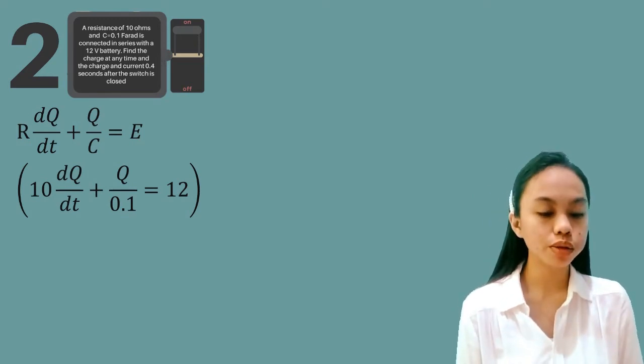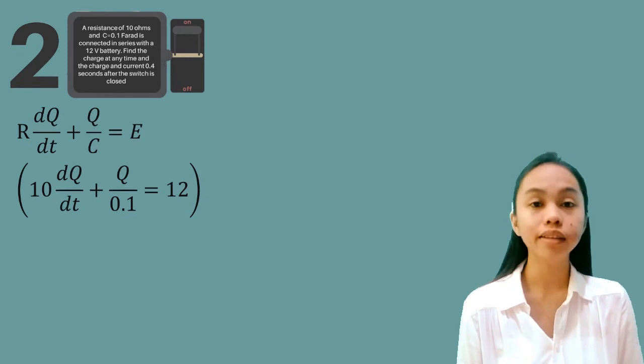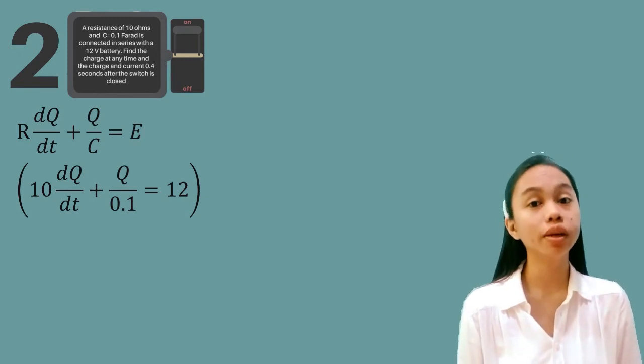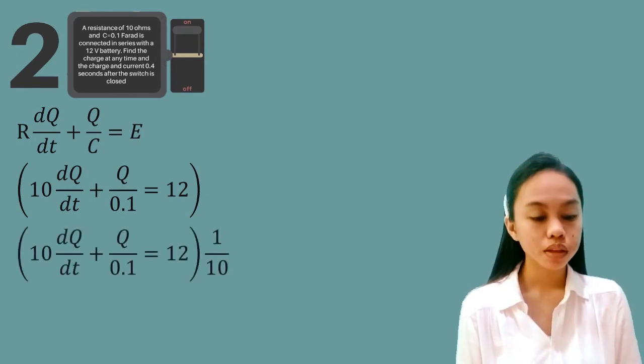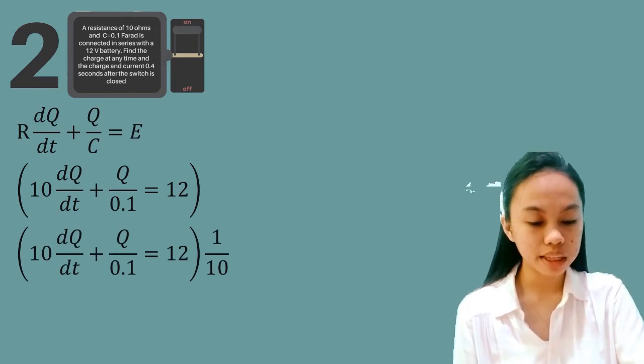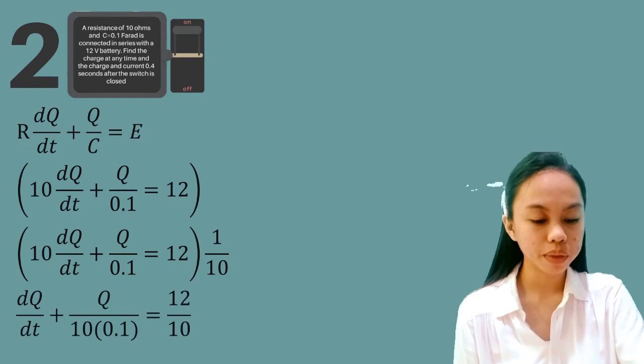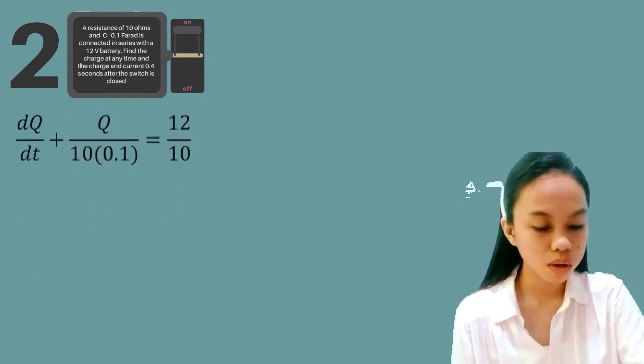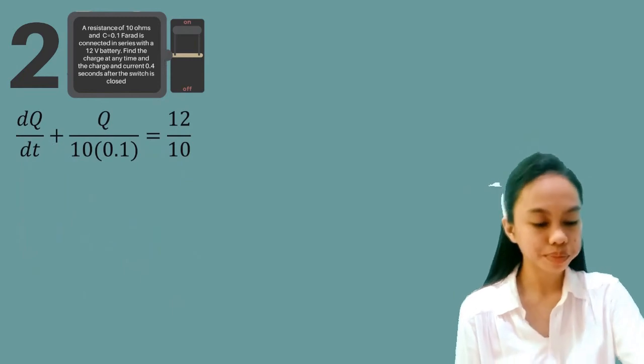In order to get rid of 10, we will multiply the whole equation by 1 over 10. Multiplying it, we get dq over dt plus q over 10 times 0.1 equals 12 over 10.